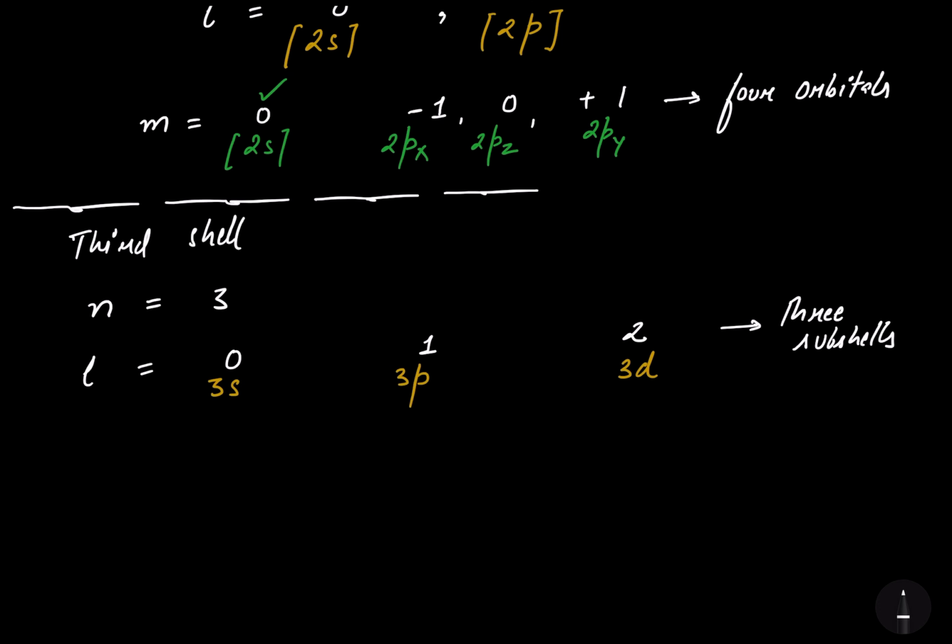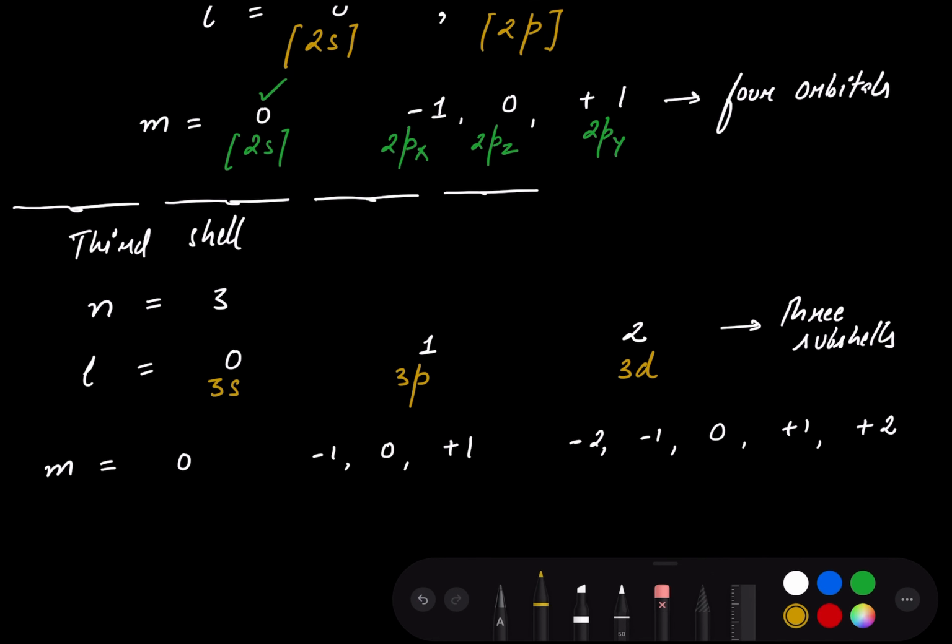So now let's talk about the m. For 0, it comes out to be 0 only. For 1, it comes out to be -1, 0 and +1. For 2, it comes out to be -2, -1, 0, +1 and +2.